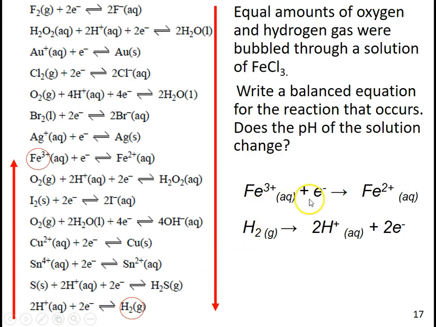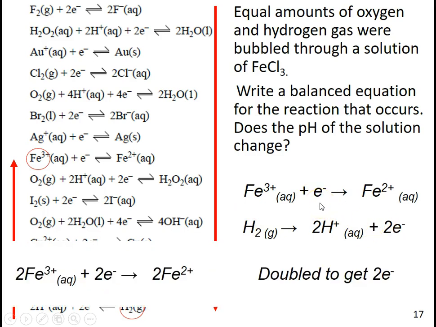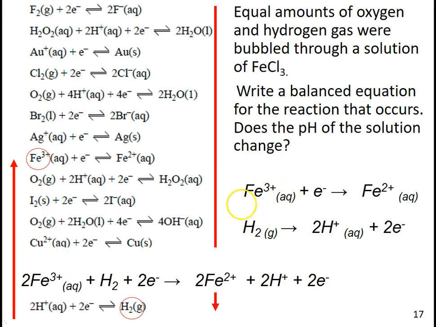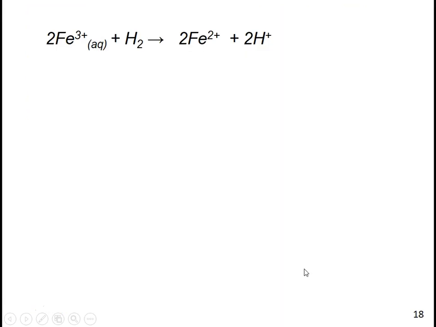So you always make sure that you've got electrons on both sides. We've got 1 electron here being required for reduction and 2 electrons being produced, so we're going to have to make this happen twice. If you put all the reactants together, you end up with this. Then we can cancel out the electrons on both sides. So that's the overall equation.